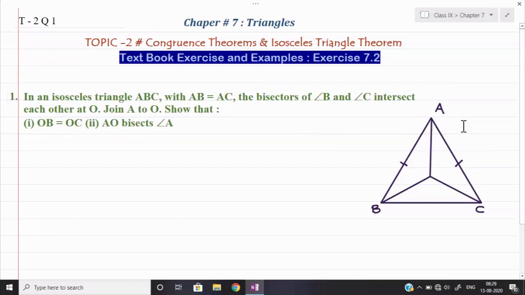Yes, correct. And this point I will call point O. So A to O we have joined here, right?